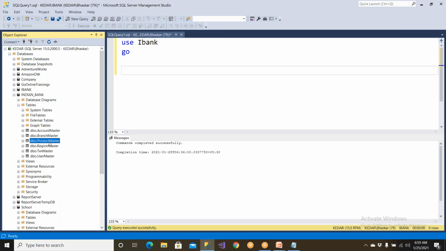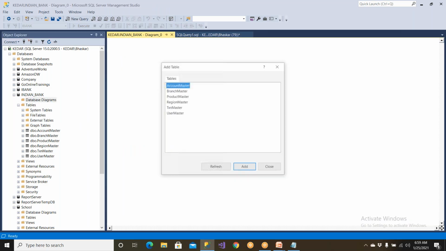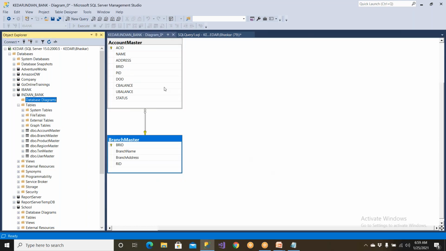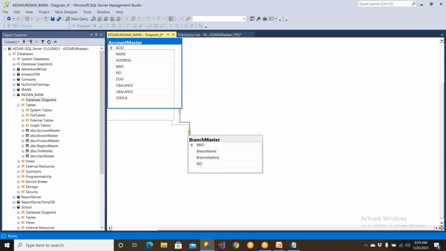So nobody will tell you what you need to do. Simply you have to go to these tables available. Whether these are linked or not, how do we know? So go to database diagram, right click on this new database diagram, and you take one or two tables first. Okay. And you can close this if you want to close this. Okay. Now these tables are linked.